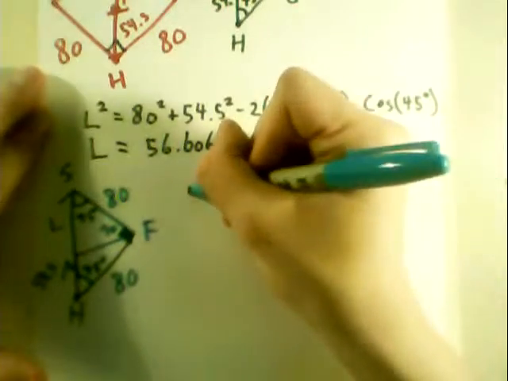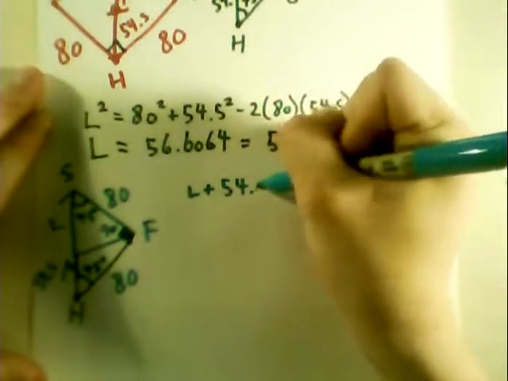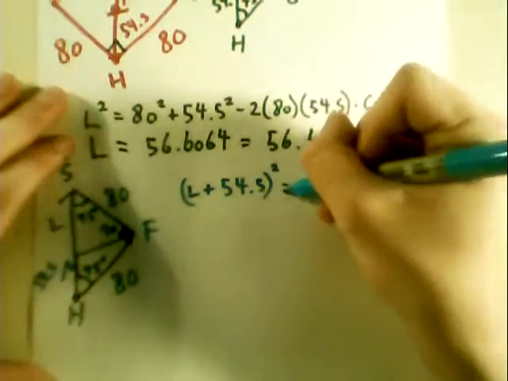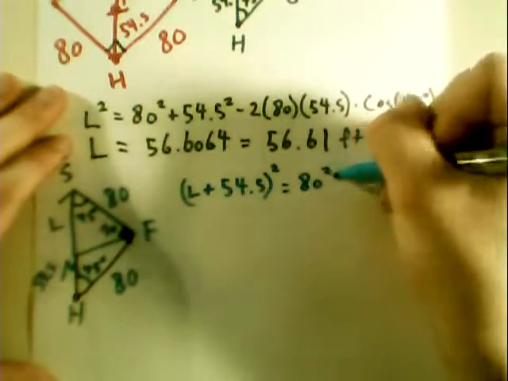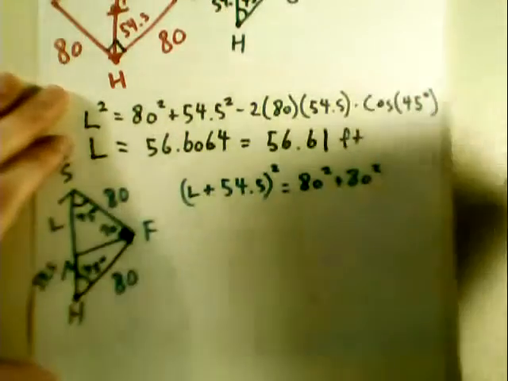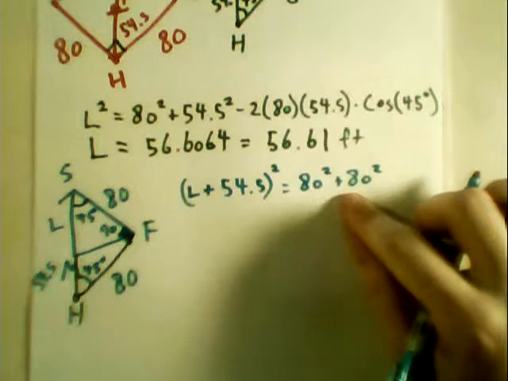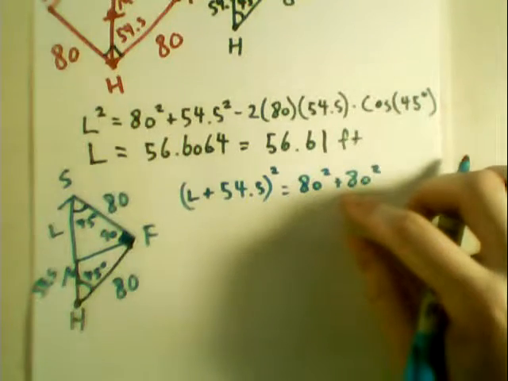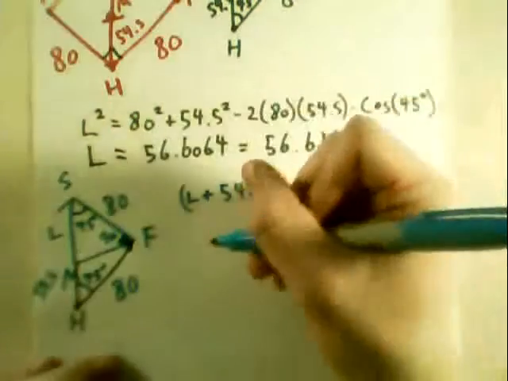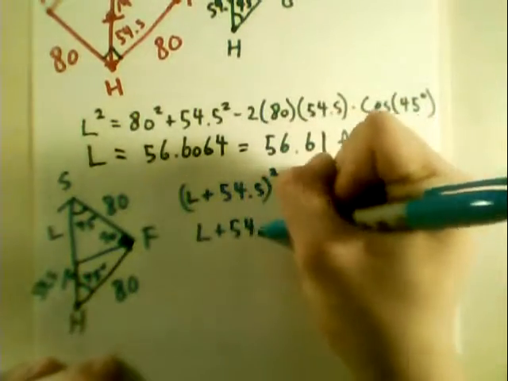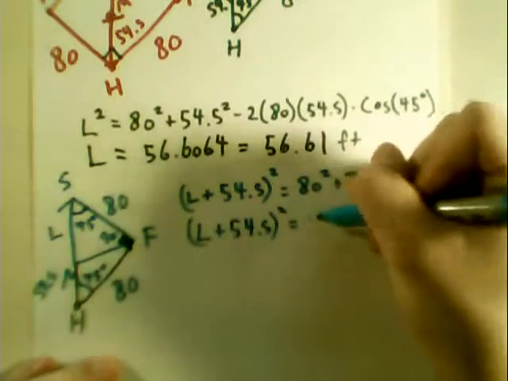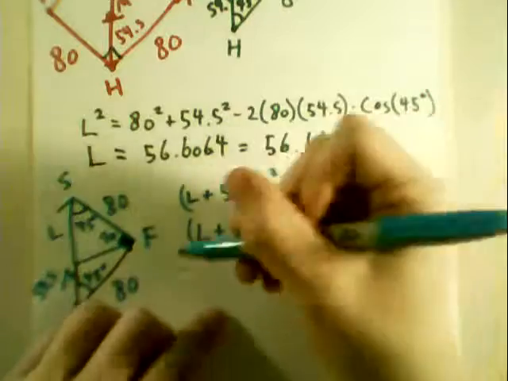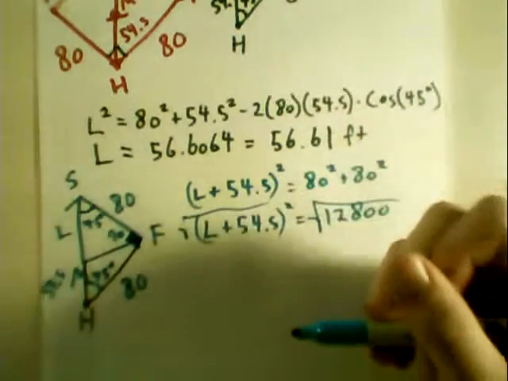So basically we know that L plus 54.5 squared, that was our hypotenuse, equals 80 squared plus 80 squared. So let's go ahead and do that. So L plus 54.5 squared equals 12800. Now to get rid of that square, we're going to square root both sides.